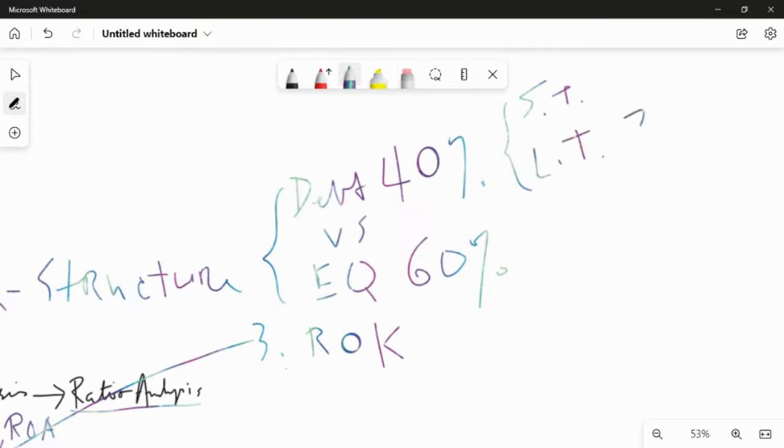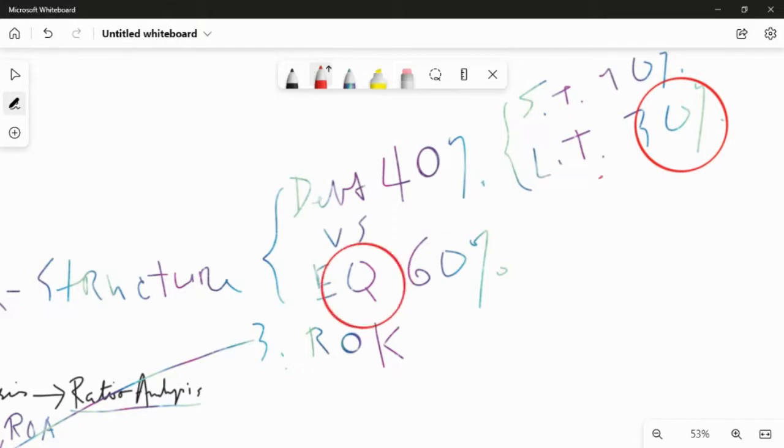What if this 40% breaks into 30% long-term debt and 10% short-term debt? Then the 30% long-term debt is capital.